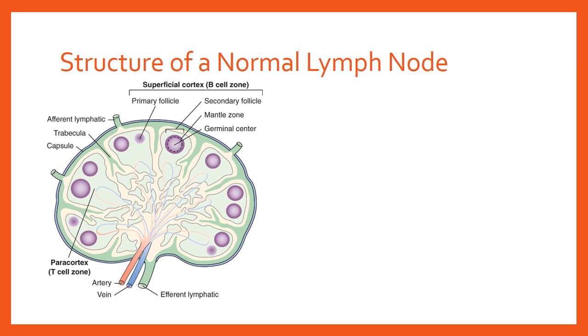So to recap, generative or central ones are bone marrow and thymus gland, and peripherals are spleen, lymph nodes, mucous membrane associated lymphatic tissue, lymphatic vessels, and cutaneous immune system.